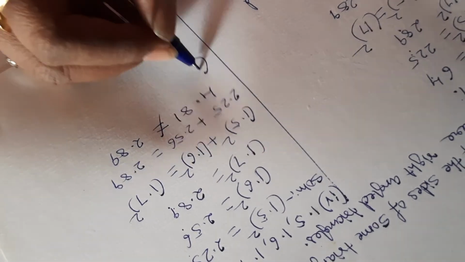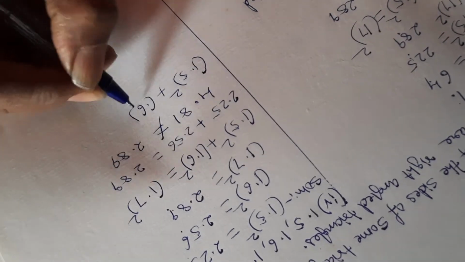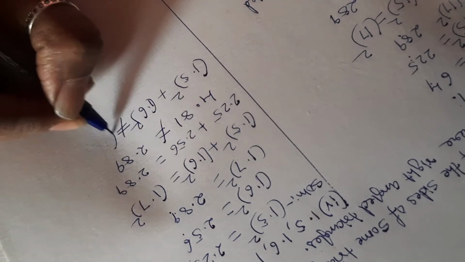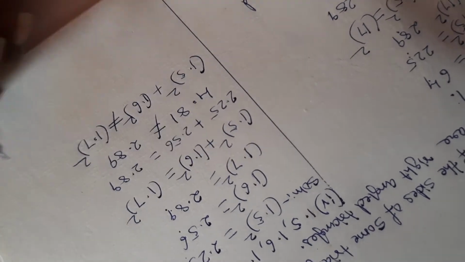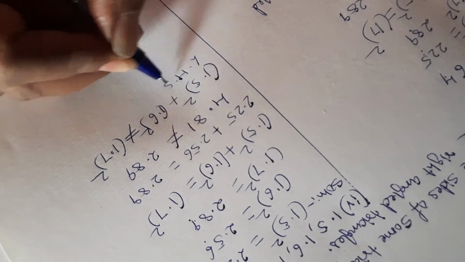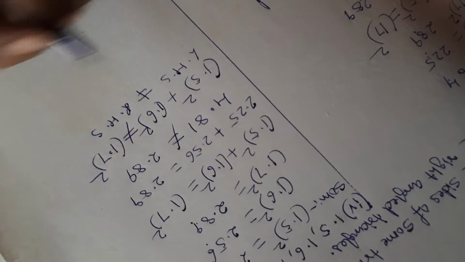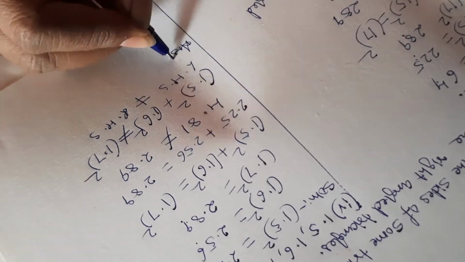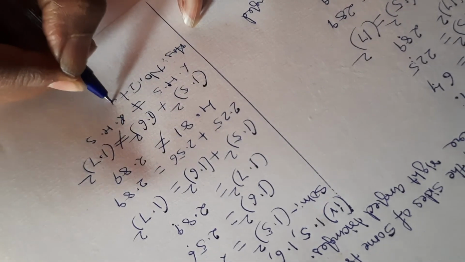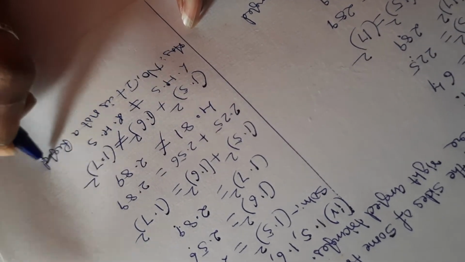You can just write 1.5 square plus 1.6 square is not equal to 1.7 square. Or instead of this you can also write left hand side is not equal to right hand side. Therefore, no, it is not a right angled triangle.